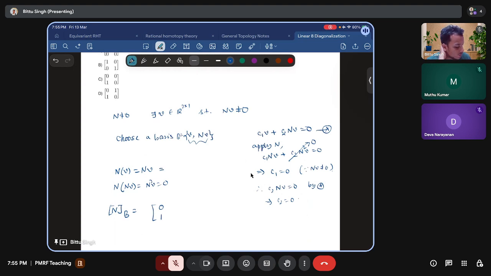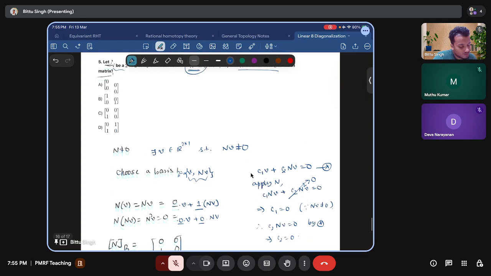And n of nv is 0 times v plus 0 times nv. So we just put those entries in columns. So that will give me the matrix representation.